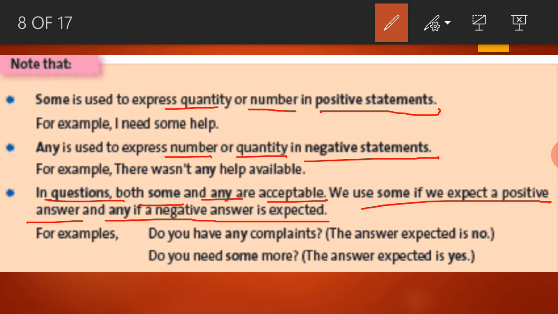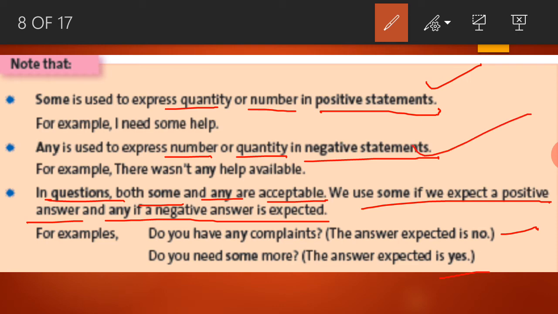Do you have any complaints? The answer expected is no. Do you need some more? The answer could be yes. So, dear kids, where we are supposed to get a positive answer, at that time we use some, or simply we can say that some is used in positive statements, and in negative statements we use any.